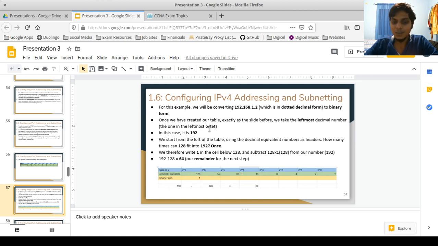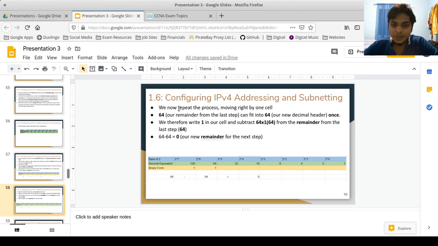We asked ourselves how many times can 128 fit into 192, and the answer was 1. So we wrote our 192 here, and then 128 times the 1 that we just got is 128. We have this 1 here, and then we did 192 minus 128 is 64. So this is our remainder that we carry forward into the next step. Right, so all of that was one step.